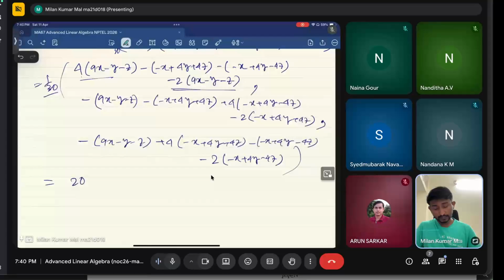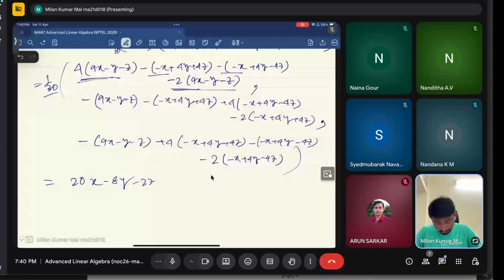And minus 4z, that is 2z minus 4z plus 4z, that is minus 2z. I don't know why it is not matching. Let me see, is it matching at least with one or not, that by 30, right?